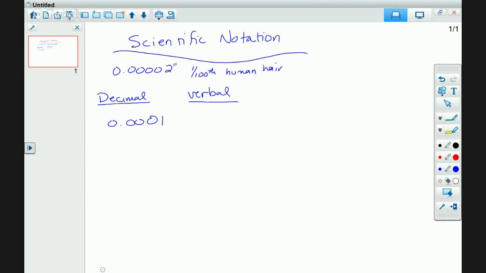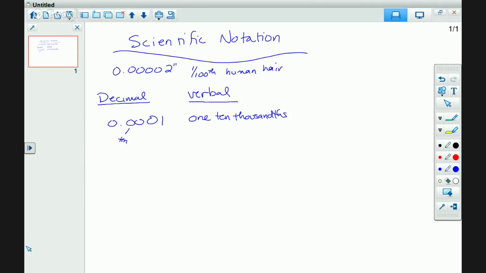Does anybody remember how to say that verbally? Do you remember your place values at all? Tens, hundreds, thousands, 10,000s. So this would be 10.